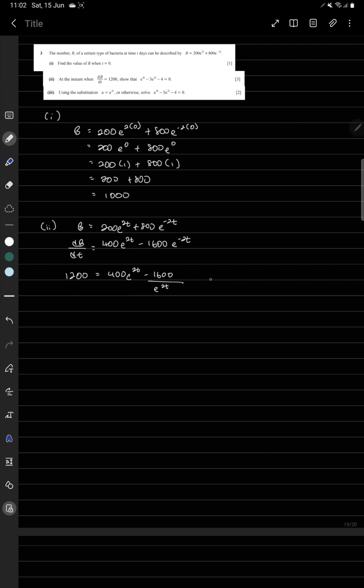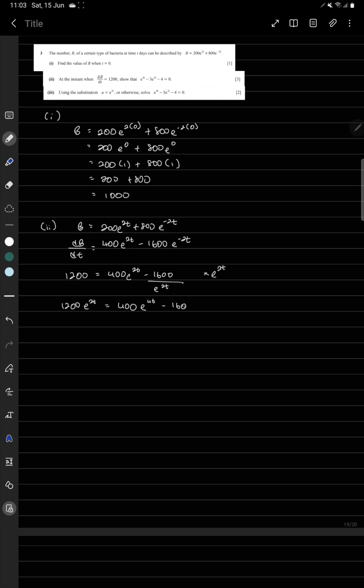Okay, so then I'll have 1200 e to the power of 2t equals 400 e to the power of 4t, right? Because e to the t times e to the t, same base, you only have to add the powers only.